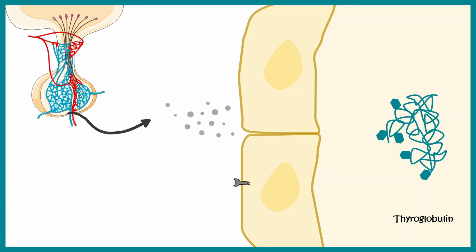From the pituitary gland, the TSH hormone or thyroid stimulating hormone binds to specific receptors on the thyroid follicular cells. This leads to secretion of thyroglobulin into the colloid.